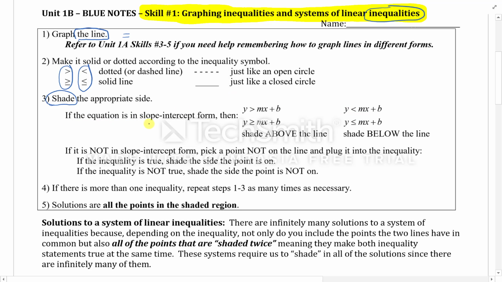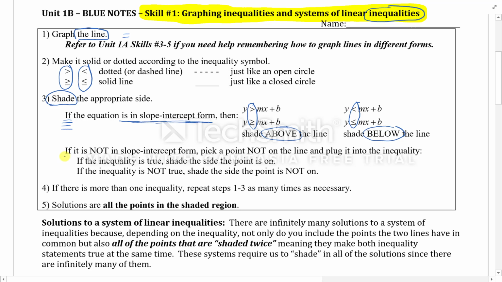And by the way, if your equation is in slope-intercept form, as these are written here, then you can just follow the direction of the inequality to know whether you shade above the line or below the line. So if, and this is a big if, your equation is in slope-intercept form, then greater than symbols mean you shade above, but less than symbols mean you shade below.